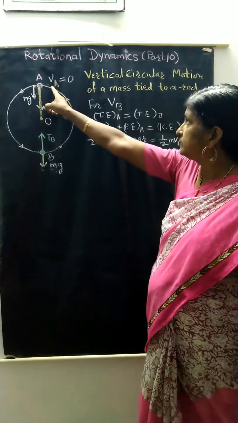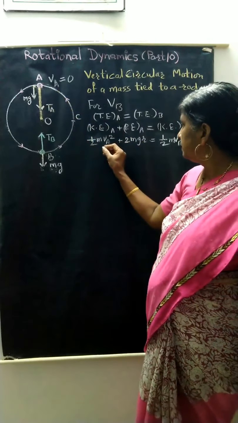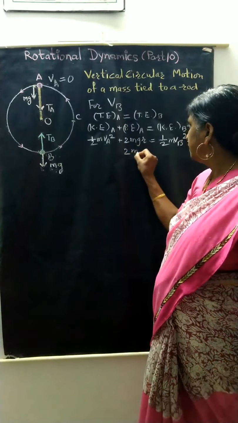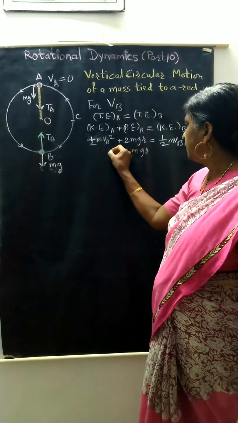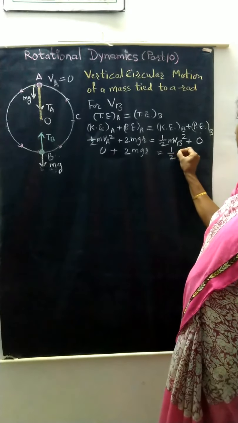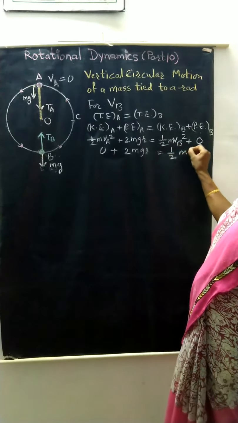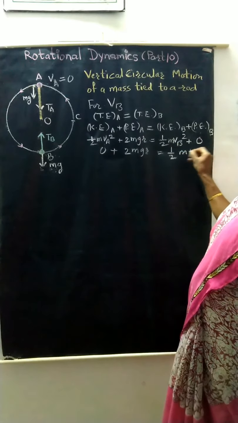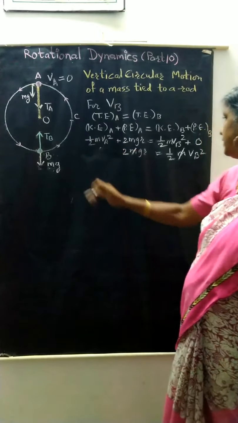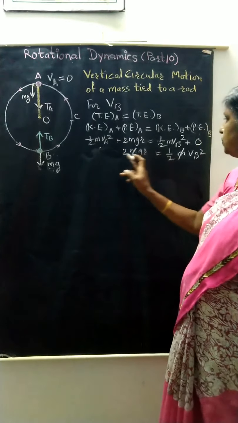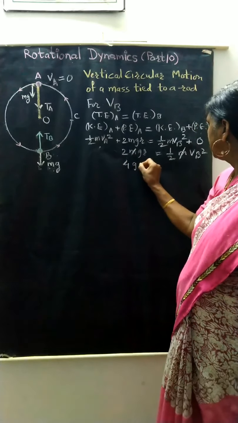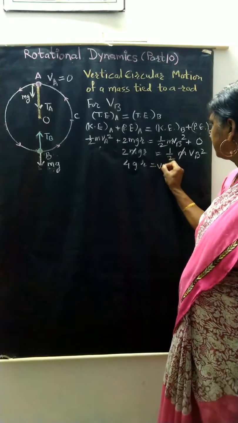Now here we have substituted Va is equal to 0. Therefore this kinetic energy is 0. Hence we get the equation 2mgr is equal to half m Vb square. Now m cancels with m, and this 2 goes to the other side, giving us 4gr is equal to Vb square.